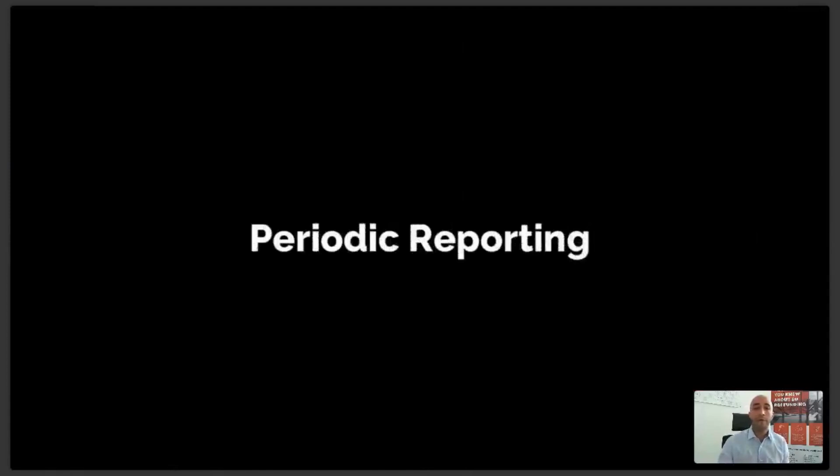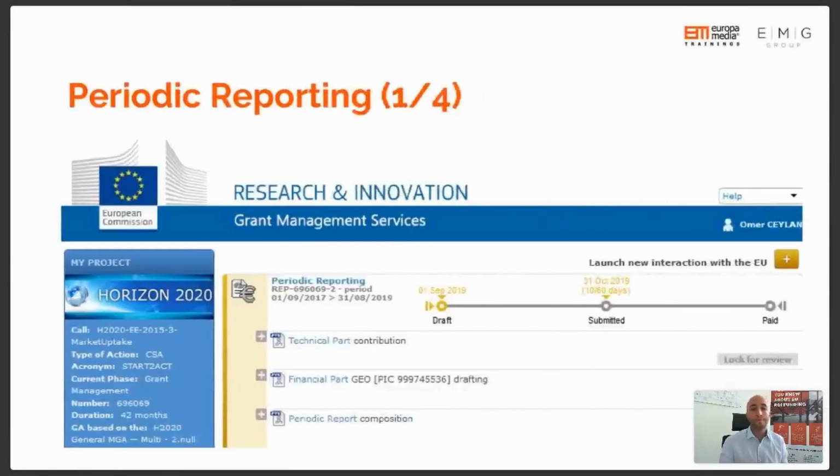Now, let's go ahead to periodic reporting. When the periodic report time comes, another module will appear in the system. Continuous reporting will still be there, but it will be under this. Now you don't see it on the screen.